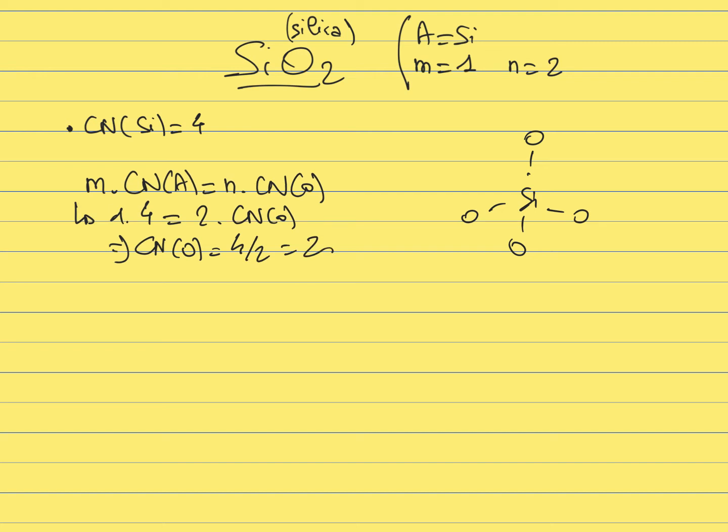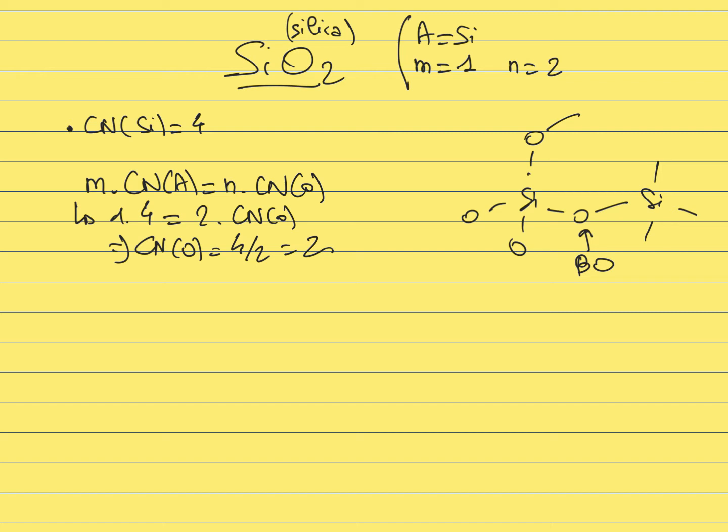It means that in silica, each oxygen is connected to 2 silicon atoms. Those are what we call bridging oxygens, oxygens that are connected to exactly 2 silicon atoms. So that's the first thing. Now, based on this, we can check the first 2 Zachariasen rules, because now we know the coordination number of the cation and the coordination number of the oxygen.